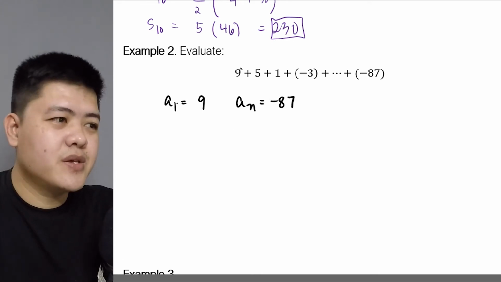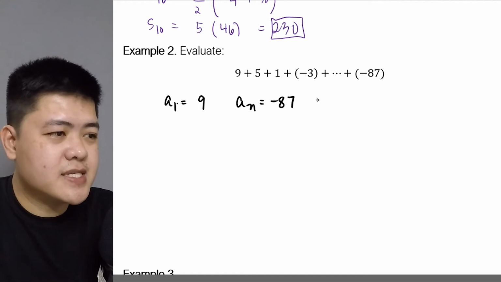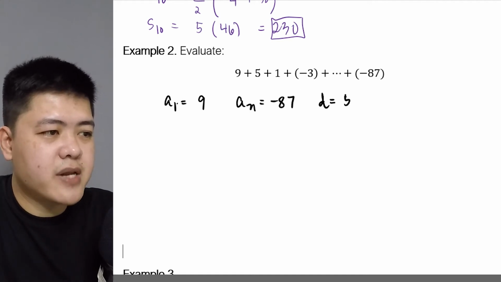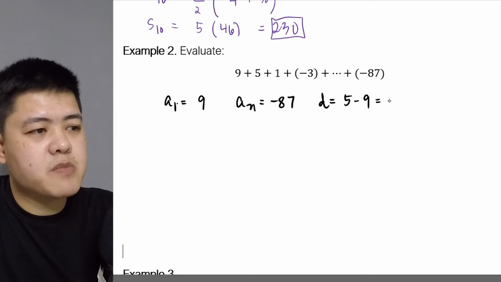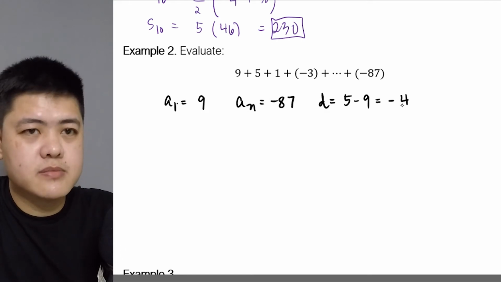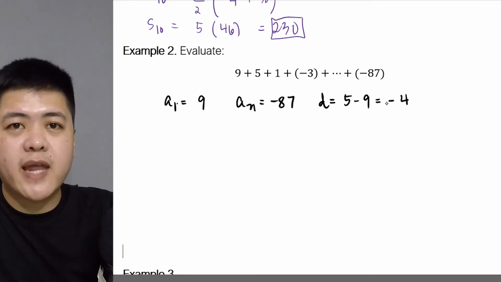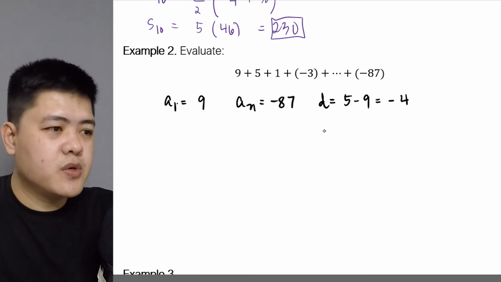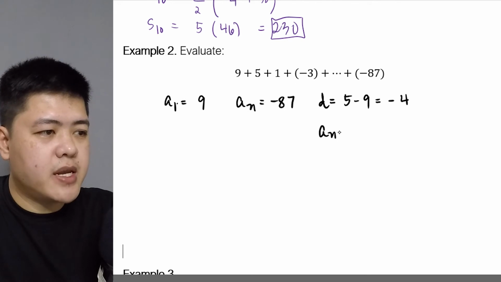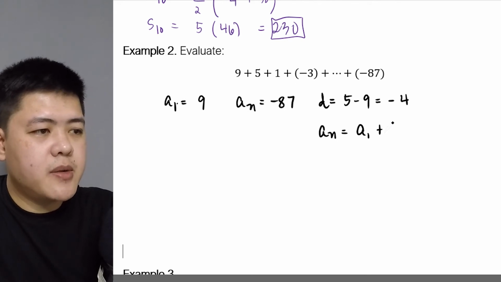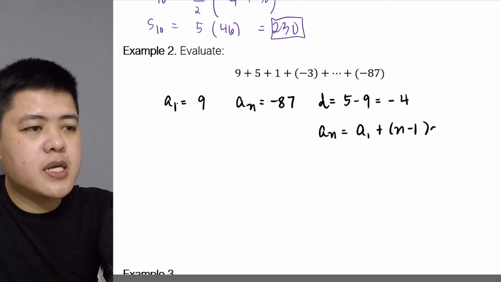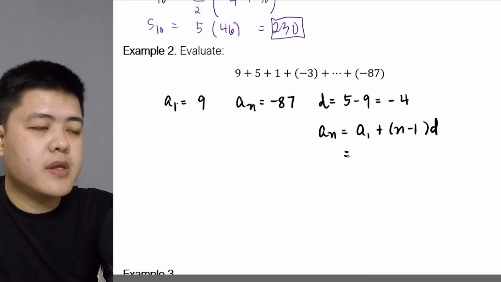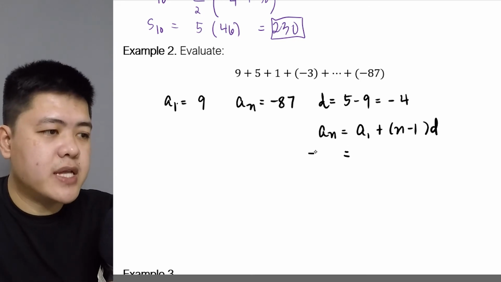Okay. So, obviously, the common difference is 5 minus 9, which is minus 4. And to get the value of n, we will be using the formula for the nth term, which is a sub n equals a sub 1 plus n minus 1 times d. The last term is minus 87, so let's substitute the values.